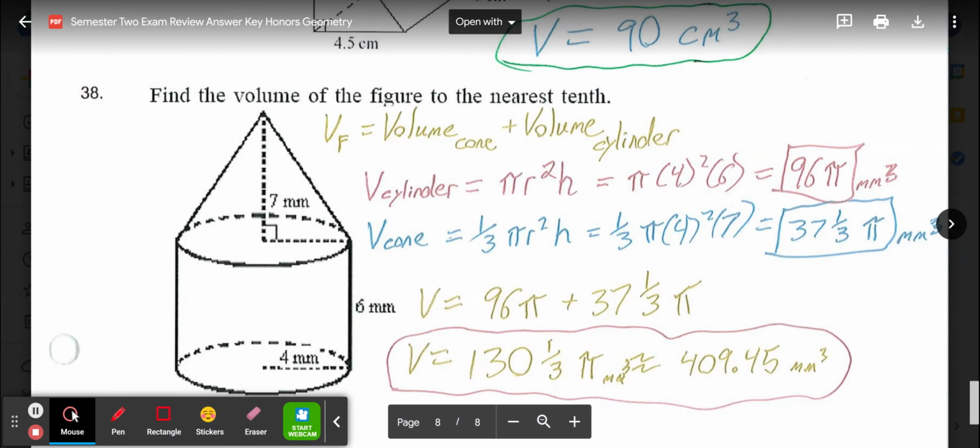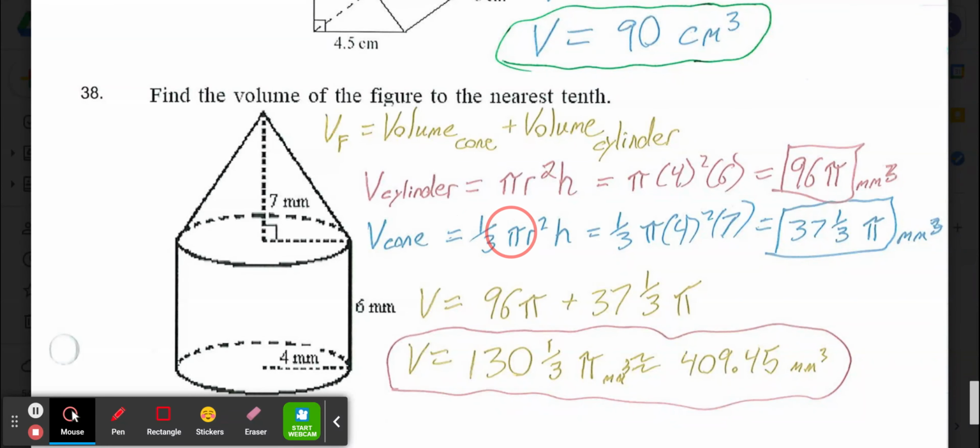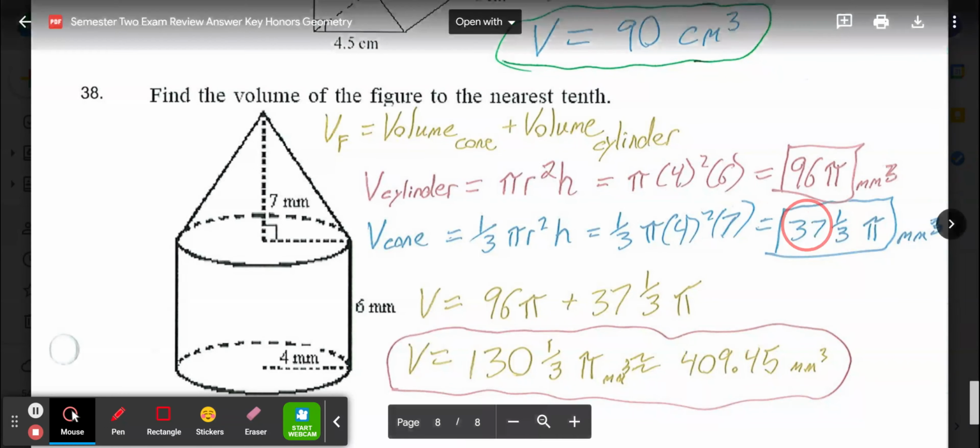Volume of the cone would be 1/3 area of the base, pi r squared, times the height of the cone. So then, volume of our cone, 1/3 pi, 4 squared, our radius again, times the height of the cone, 7. That gives us 37 1/3 times pi millimeters cubed.